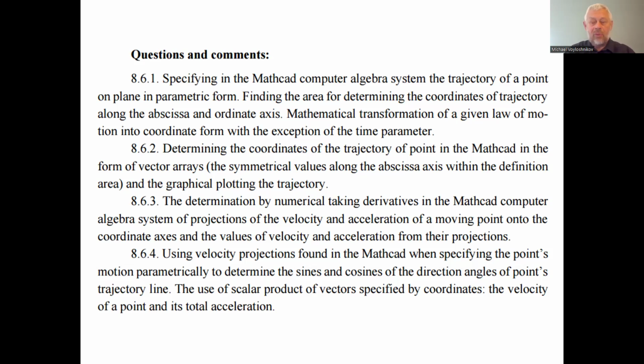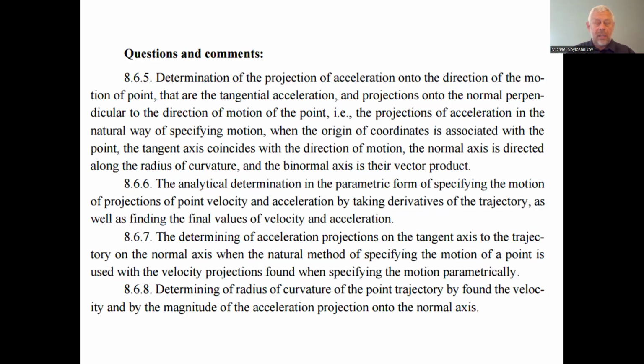Next, we can find the normal acceleration. If we have the total acceleration, then the normal acceleration of the point is, by the Pythagorean theorem, the square root of the squared acceleration minus the squared tangential component of the acceleration. So we can use the scalar product of the velocity and acceleration to find the tangential acceleration.